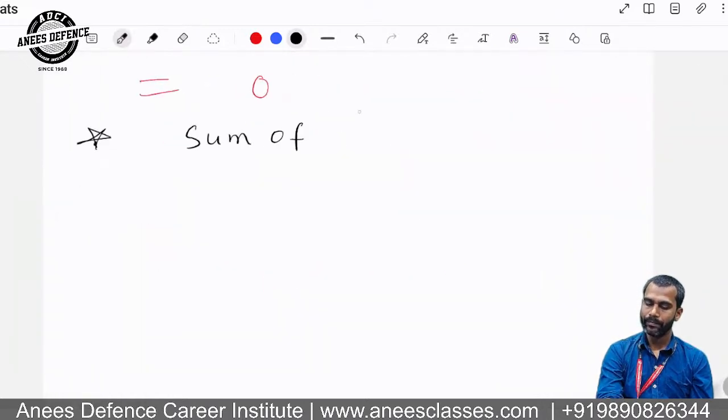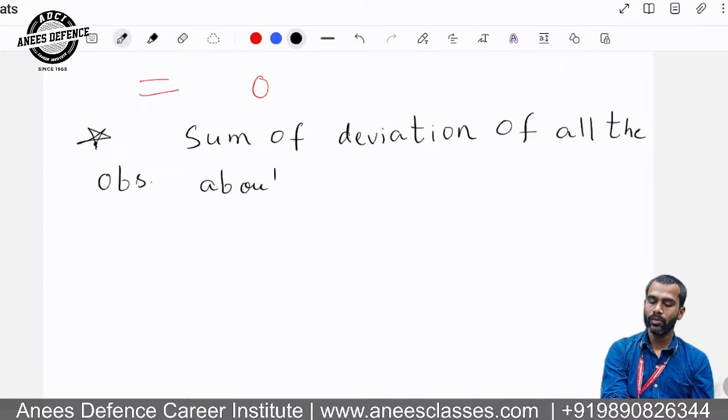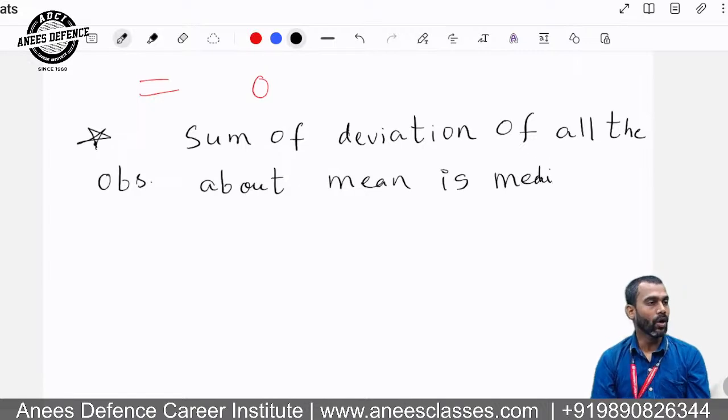Sum of deviation of all the observations about mean is 0. And that is true for all types of data. Yes or no? Whether it is grouped or ungrouped. Yes or no? Sum of deviation of all the observations about mean is 0.